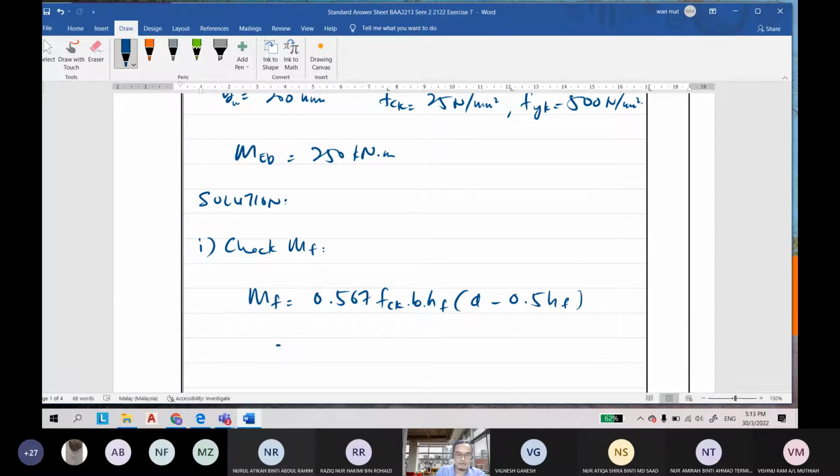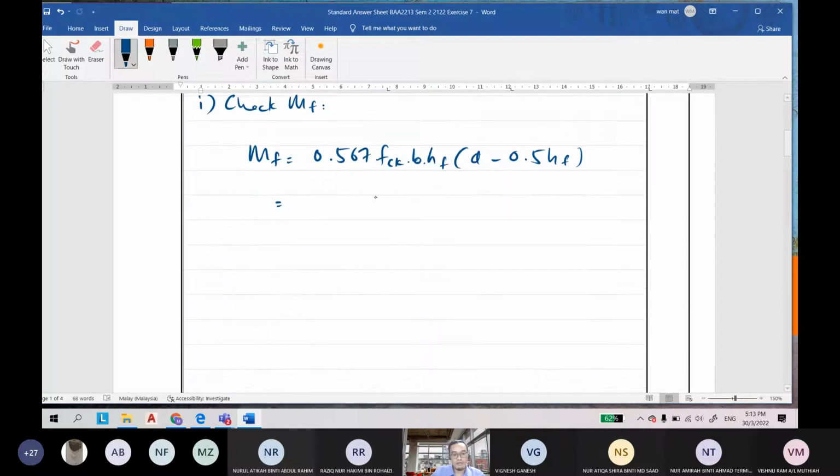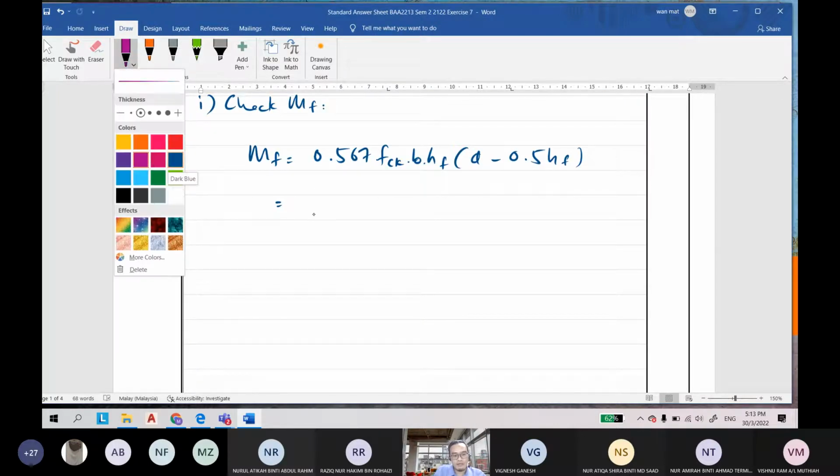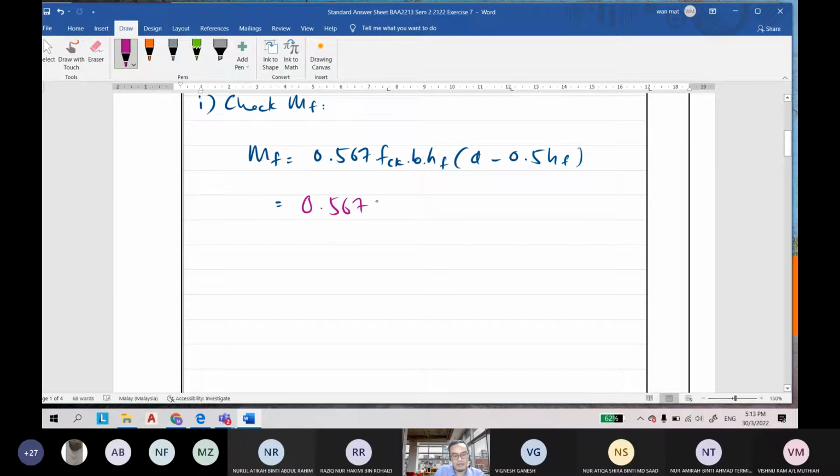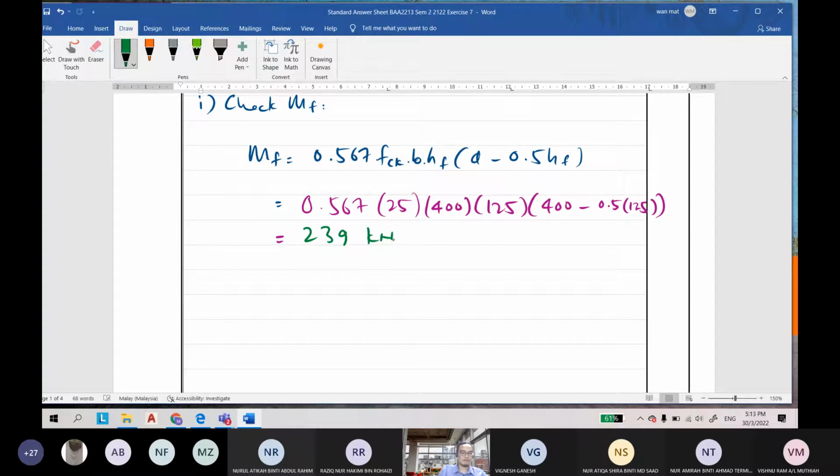Just insert the values: 0.567, FCK is equal to 25, B is the longest one, the effective width, HF is equal to 125, and D is equal to 400 minus 0.5 times 125. May I have the answer? 239. Good, 239 kilonewton meter.